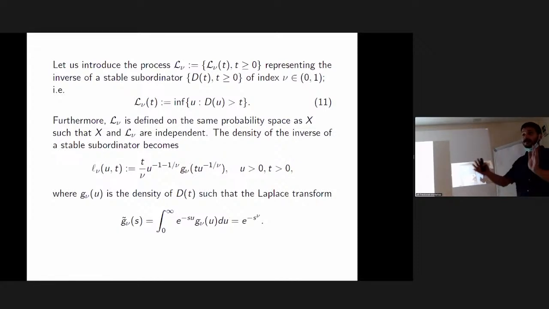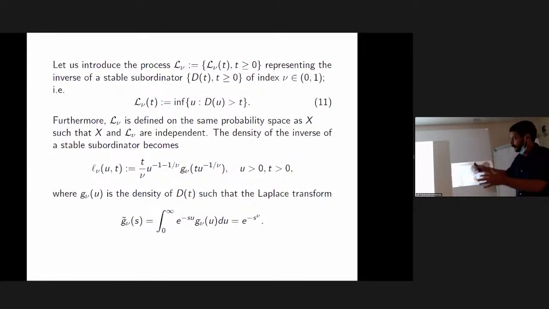Because if you have, for example, a time fractional diffusion equation, you know that the fundamental solution coincides with the density of the Brownian motion time-changed with the inverse of the stable subordinator. So we have this strong connection between the fractional equation and this kind of stochastic process.